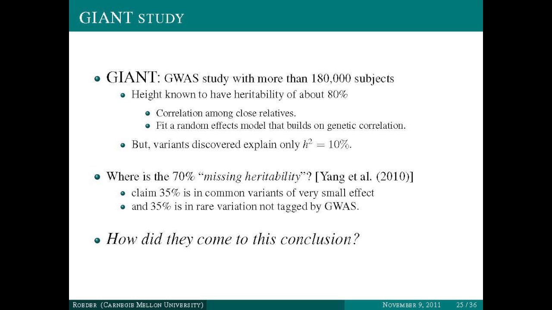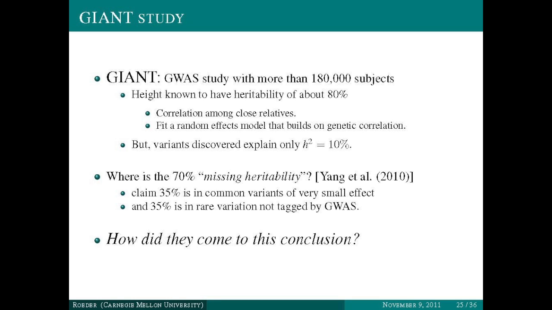The heritability of height is known to be 80%. I heard Carl talking about it right before the lecture, about his son and how tall he would be. It's pretty well known that it'll be largely determined by the parents, 80%.